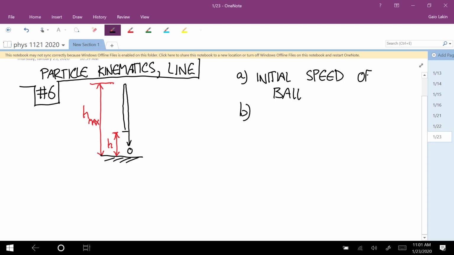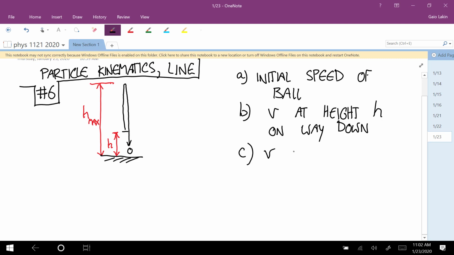The velocity when it reaches a height h on the way back down. The velocity the instant before it hits the ground. So just before it hits the ground.